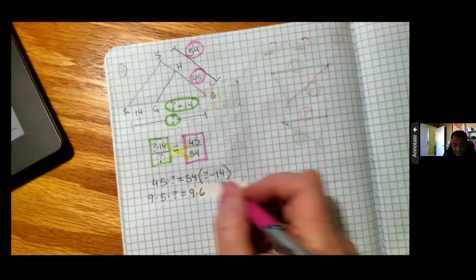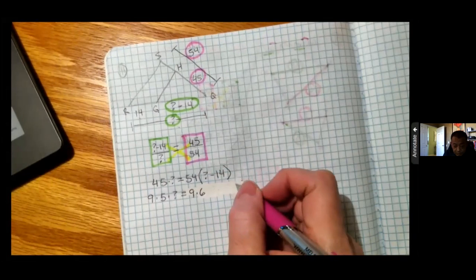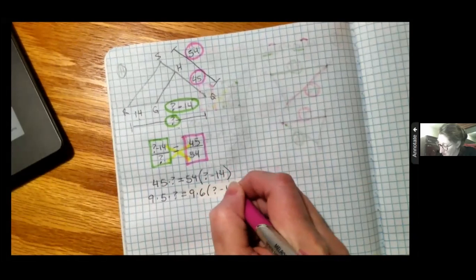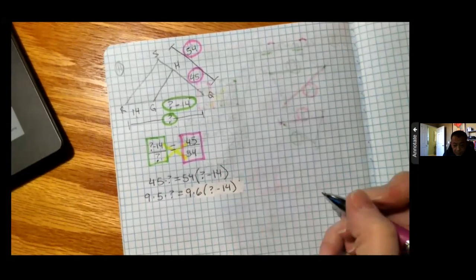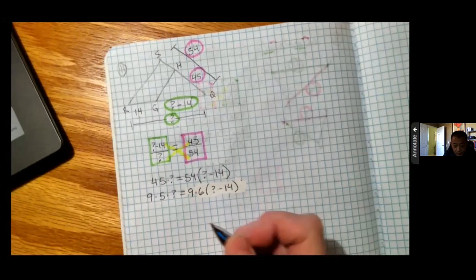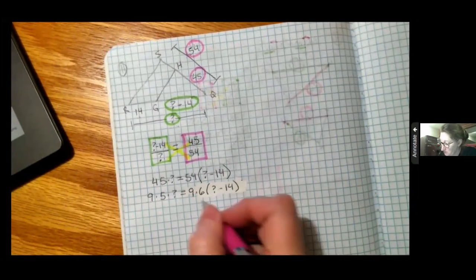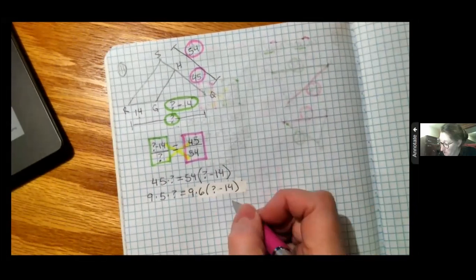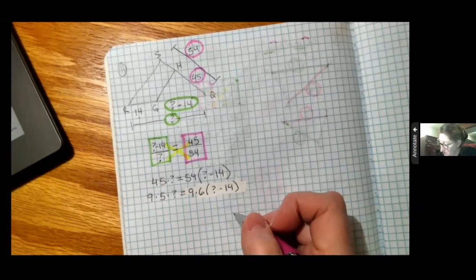And then it has to be in parentheses, minus 14. So I just do the question mark minus 14. Yes. Okay. Now, what I recommend is you divide by 9 times 5 on both sides. Yeah, but there's no 5 over here. But there's a 9, but that'll leave a 5. Okay.